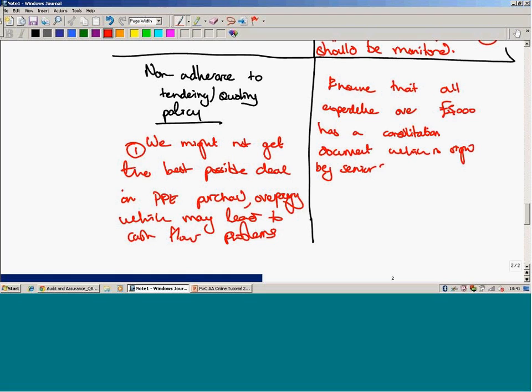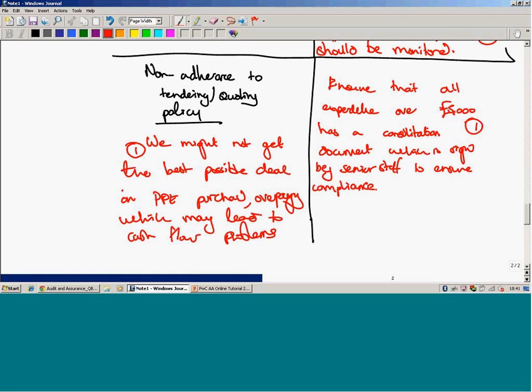By senior staff to ensure compliance. So what it's saying there doesn't necessarily have to be a consultation document, whatever you want to call it. What it's saying there is that before we make any purchases, we check that something is actually done, the comparison between different quotes.